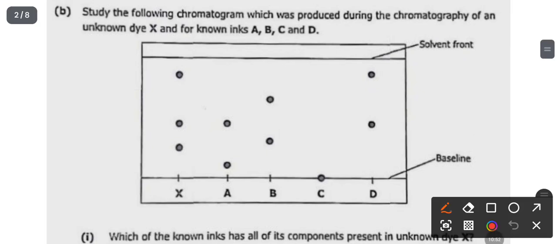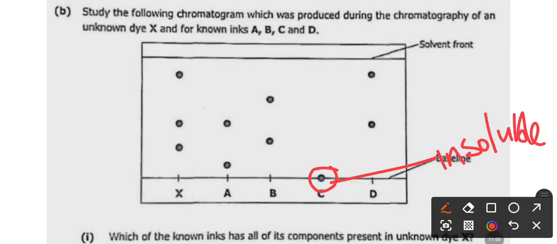So this would immediately prevent us from choosing this spot C, because this spot is insoluble. Alright. An insoluble spot is a spot that does not move any distance away from the baseline. So it barely moves. Okay. So therefore it is insoluble, and thus it cannot be the answer.